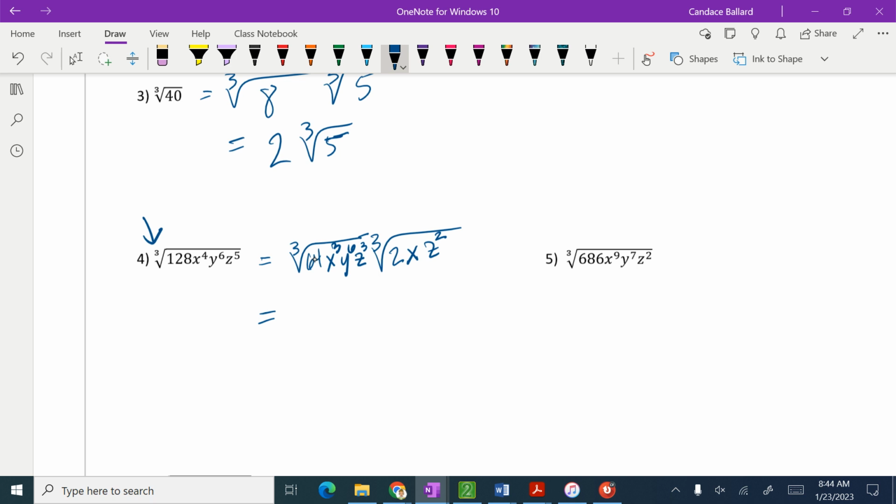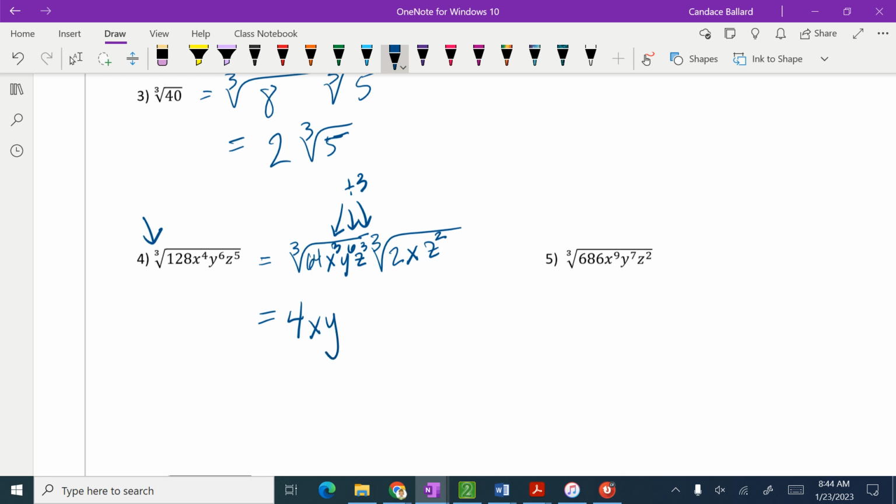All right, what is the cubed root of 64? 4, good. So this time, instead of dividing by 2, what do you think I'm going to divide by? 3. If I had a 4 out there, what would I be dividing by? 4. Whatever this index is that's out there, that's what I would be dividing by. So x to the, when I divide by 3, what do I get? 1, so just x.